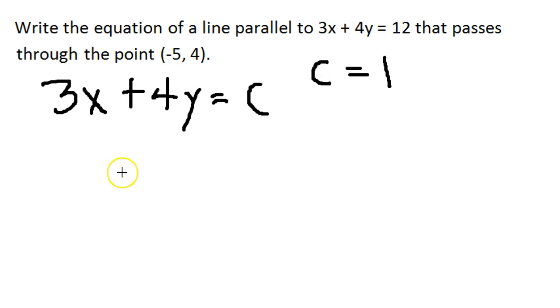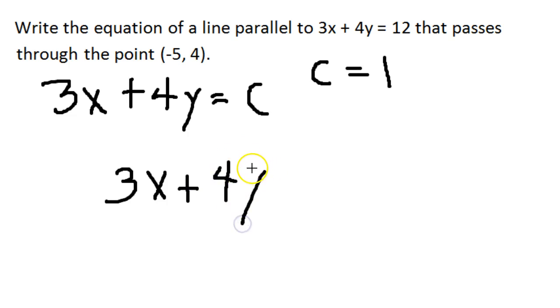So the answer to the task of writing the equation of a line parallel to 3x + 4y = 12 that passes through the point (-5, 4) is 3x + 4y = 1.